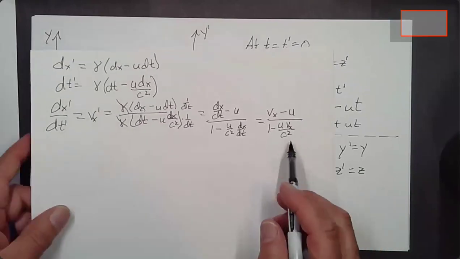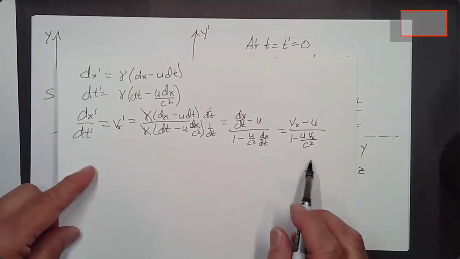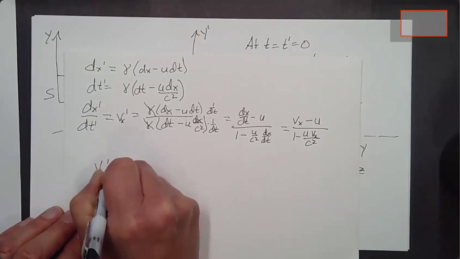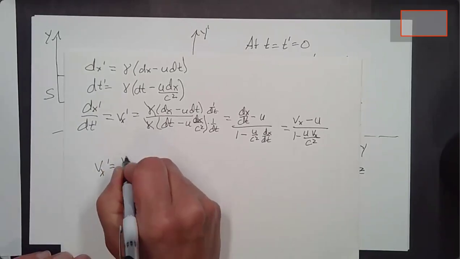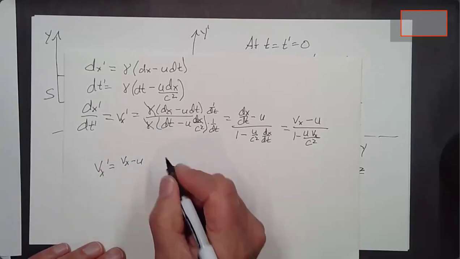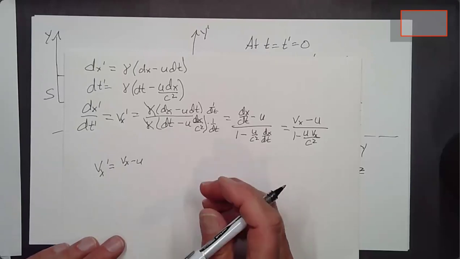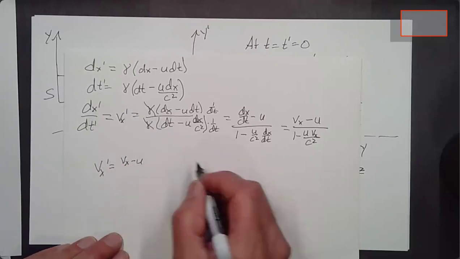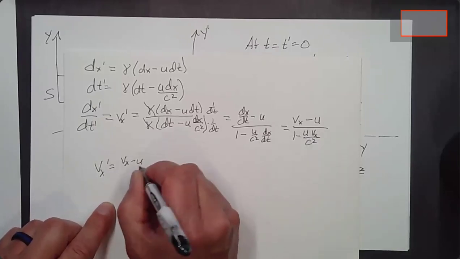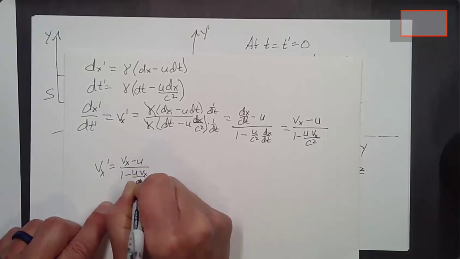But let's see what happens if we solve this for v sub x. Since v sub x prime is going to equal v sub x minus u over 1 minus u v sub x over c squared, I could do it with differentials, but let's just do it with algebra.